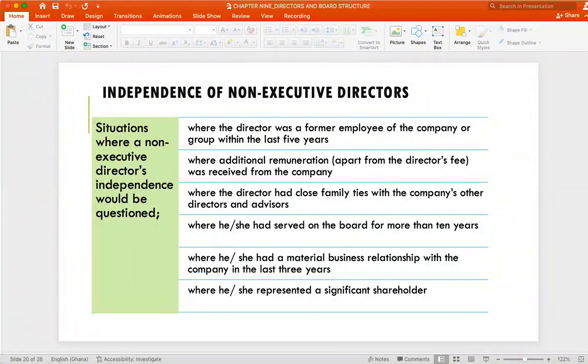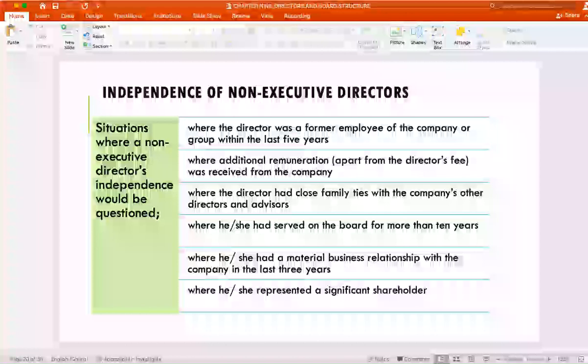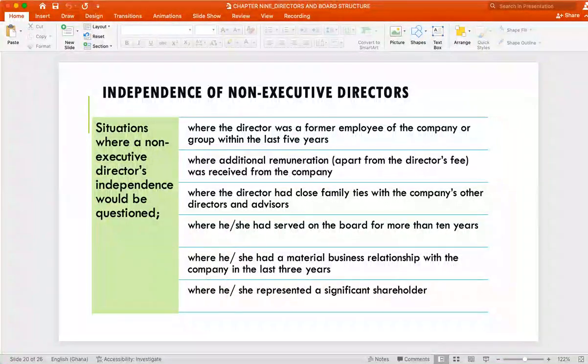All right. Next point, where he or she had a material business relationship with the company in the last 3 years. So, for example, if you have been a supplier of some material to the company, then you have a business relationship with the company.